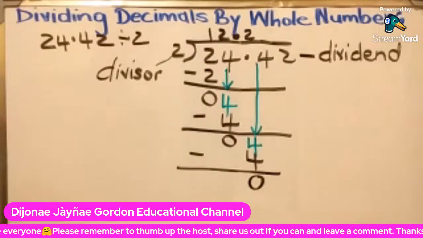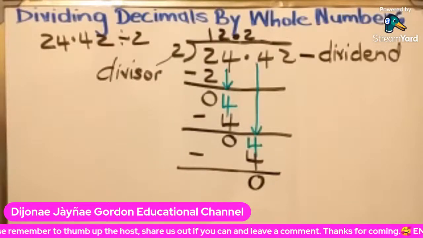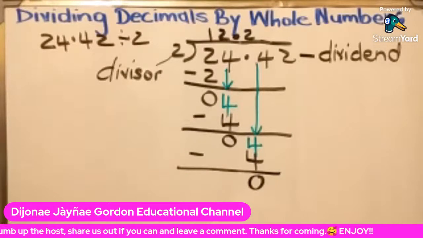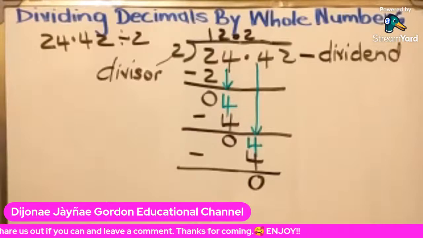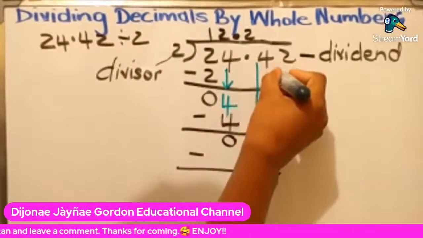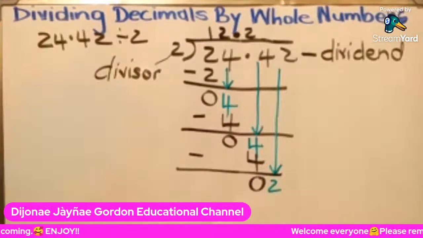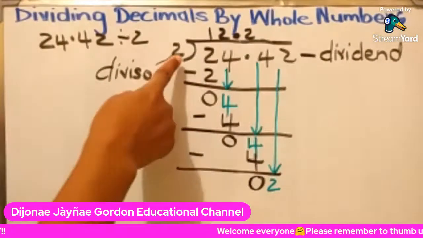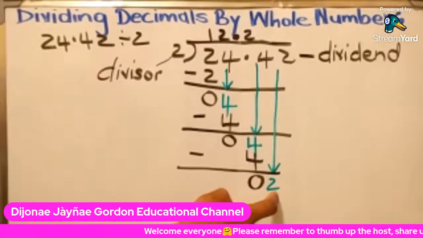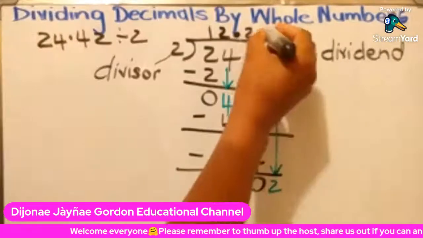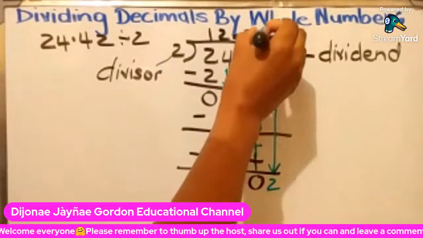The next thing we are going to do is bring down the next digit that we have. And of course, that is our 2. And we're going to bring it down right there. Then we're going to say, how many groups of 2's can we get from that 2? And of course, we can only get one group of 2's.